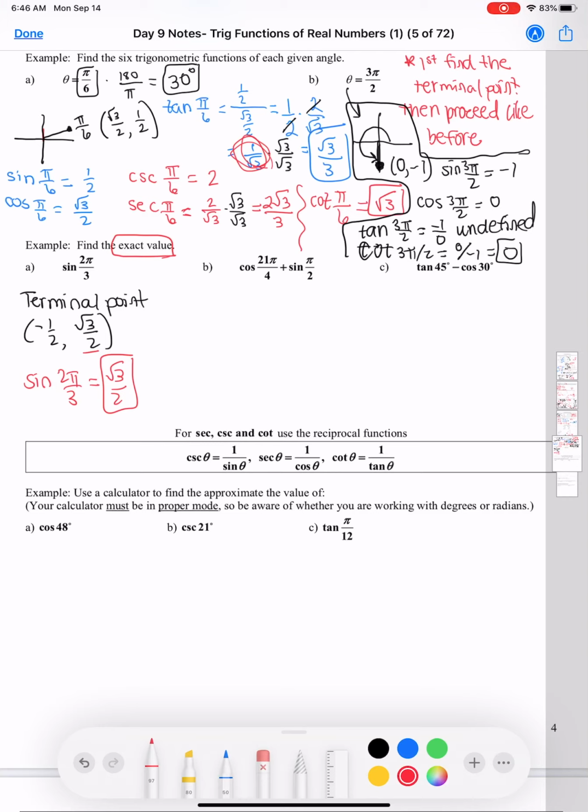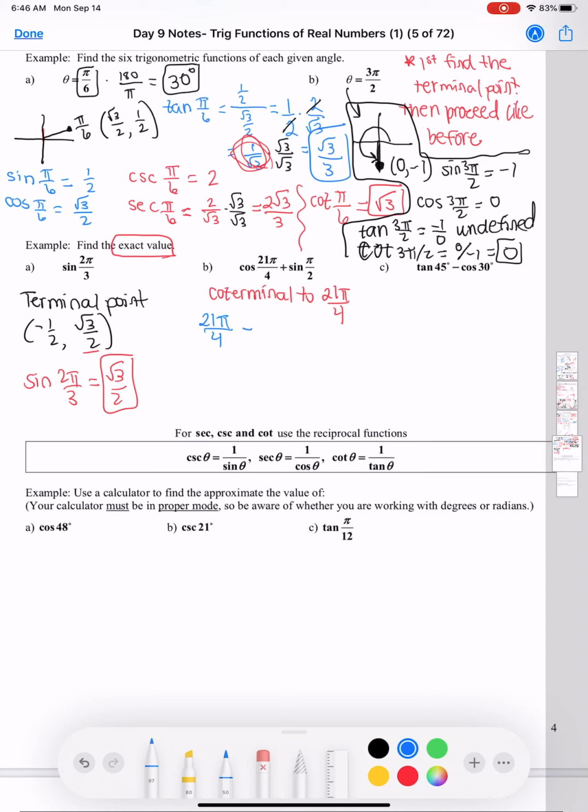Okay, so first I want to find, I know 21π/4 is not in between 0 and 2π. It is much larger. So I'm going to find an angle that is coterminal to 21π/4. So I'm going to do that by subtracting 2π over and over again until I get something between 0 and 2π.